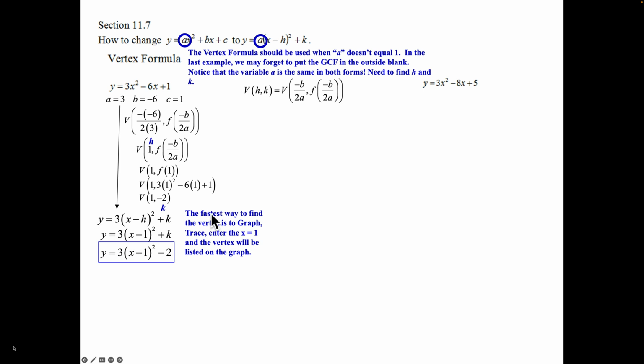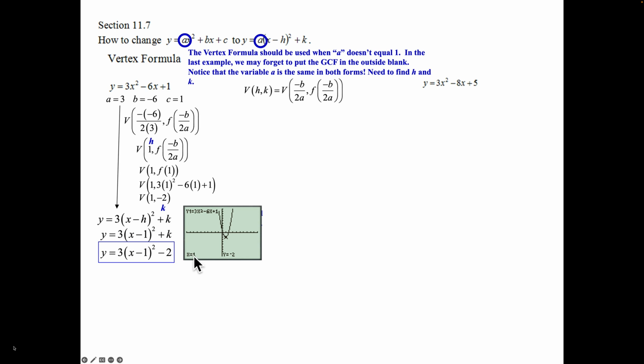Now, the fastest way to find out the vertex is to graph, trace, and enter x equals 1. And the vertex will be listed on the graph. So for example, you go to y equals, you type in 3x squared minus 6x plus 1. All right, you graph it. You hit the trace button so x and y shows up on the bottom.